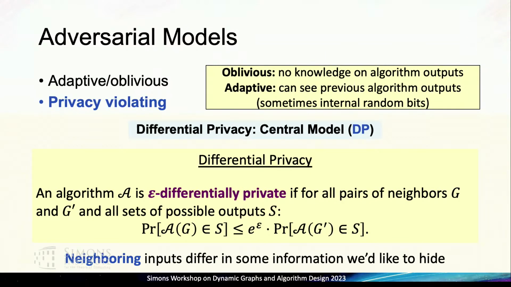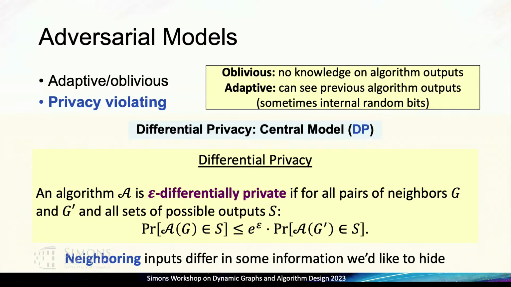So the gold standard for protecting the privacy of these users is via differential privacy. Differential privacy is: you're given some randomized algorithm A, and it is epsilon differentially private if for all pairs of neighboring inputs, G and G prime, and all sets of possible outputs, your algorithm outputs an element of this output set with approximately equal probability.